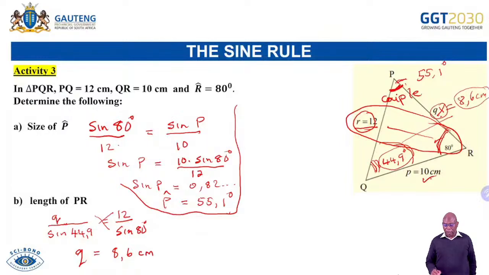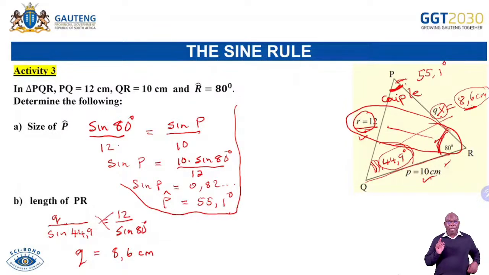And you can see 8.6 is the shortest distance from P to Q. Of all the three distances here, that one is 10, that one is 12, and this one is the smallest, 8.6, and it's opposite the smallest angle. The biggest angle is opposite the longest line, and this one is opposite the shortest line.